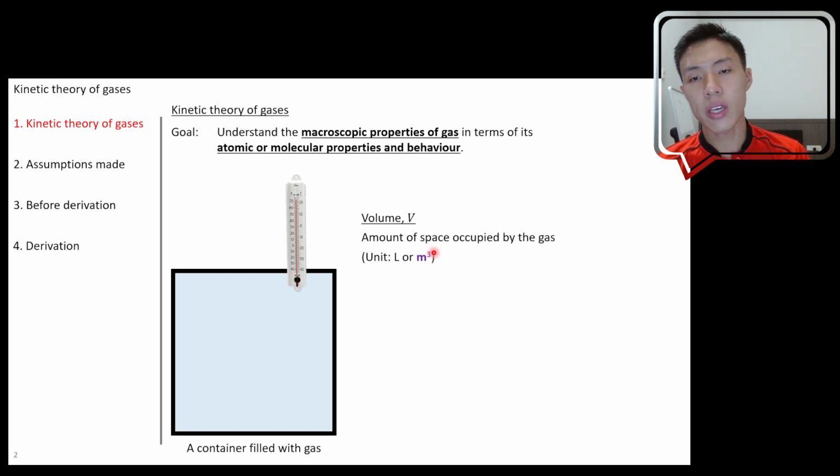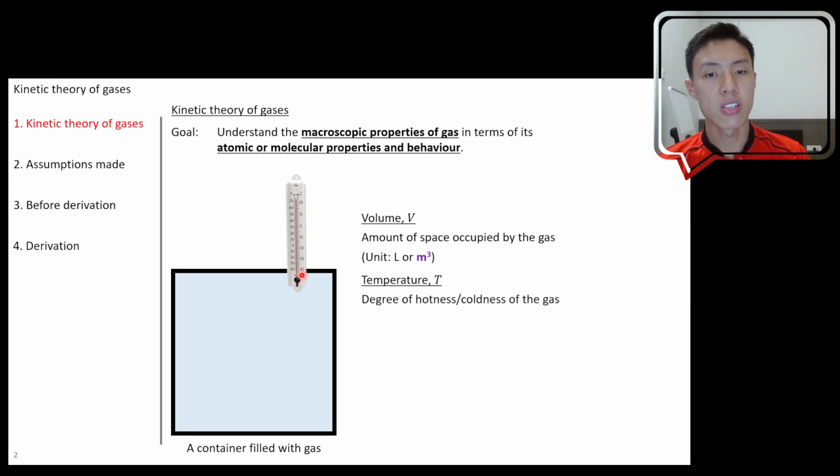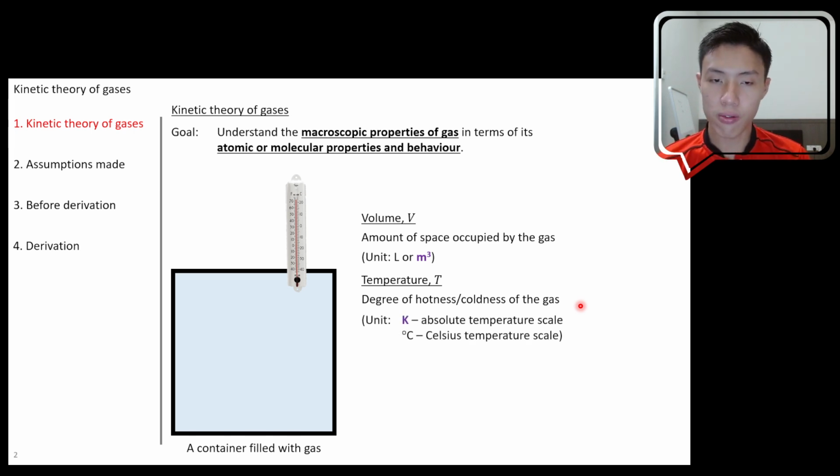We can also insert a thermometer inside this container in order to measure the temperature of the gas. Temperature is represented by the symbol T, and it represents the degree of hotness or coldness of the gas. Just like what we learned in the previous chapter, if a system is hot, it has a higher temperature; if a system is cold, it has a lower temperature. There are various temperature scales: Kelvin, the absolute temperature scale, and degree Celsius.